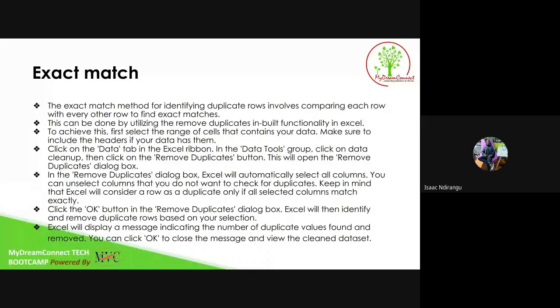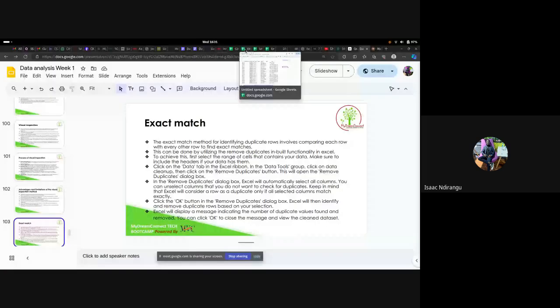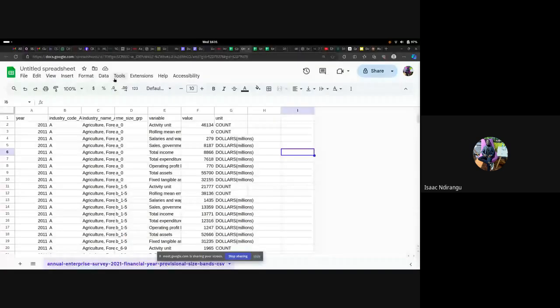I'll do just a small demonstration of how you can go about it. Let's assume I'm working with this data, which has some duplicates, and I want to use the exact match method to remove duplicates. This identifies and removes the duplicates without giving you the chance to verify.